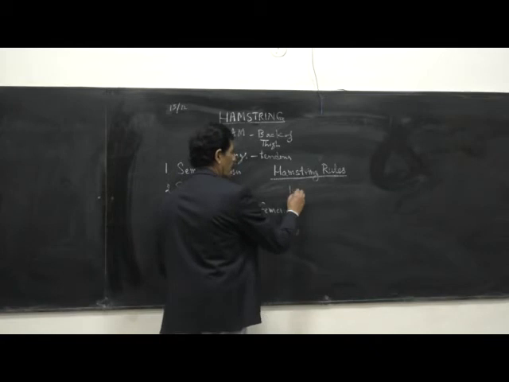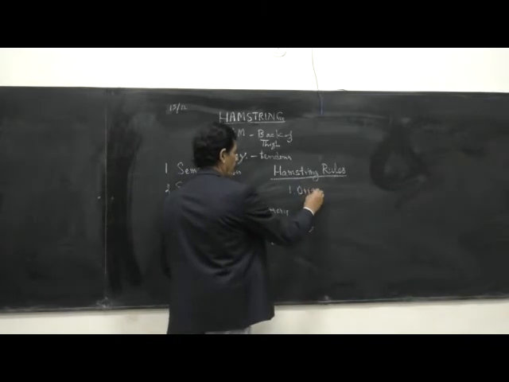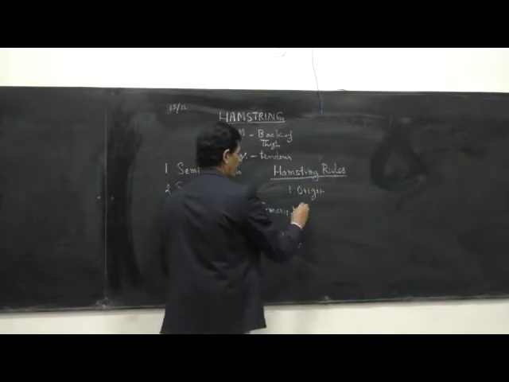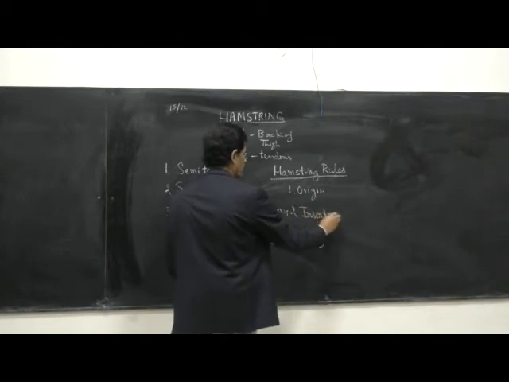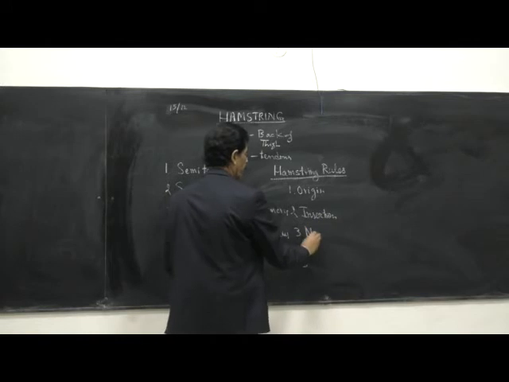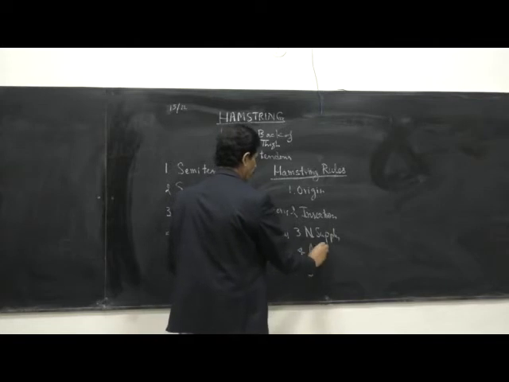One is the rule of origin, then rule of insertion, then rule of nerve supply, and 4th is the rule of the action.